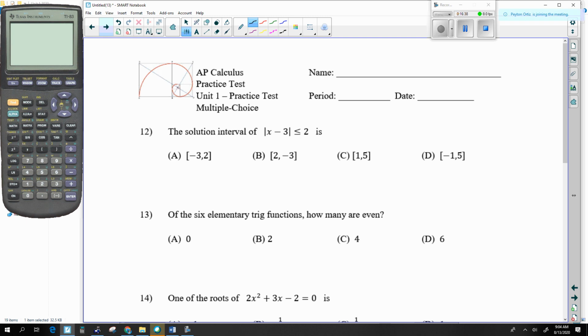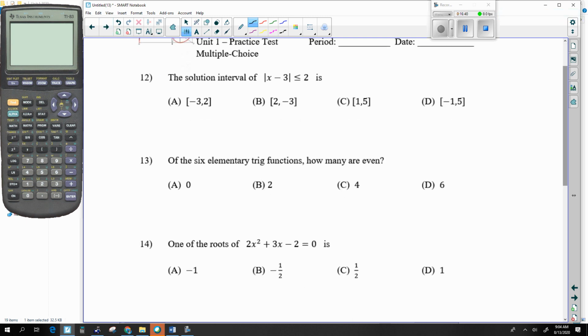Okay, moving forward, solution to this. What I think about when I do this problem is I truly think about what the graph looks like. So this is a right 3, and it's a V. And then I'm trying to see where this is less than 2. So what I'm going to see is that it will be an actual definite interval.